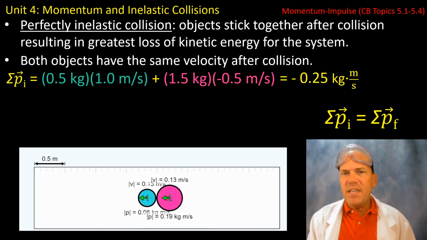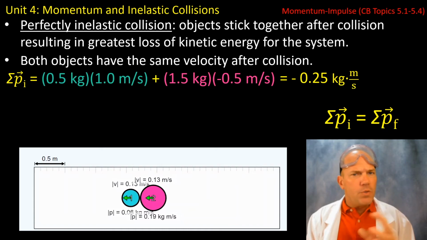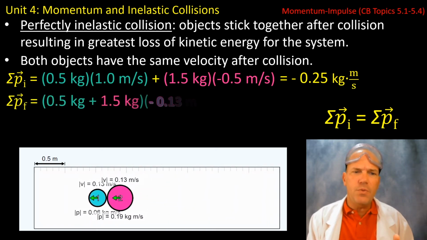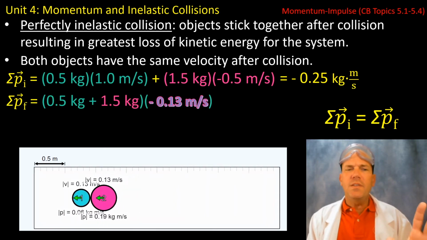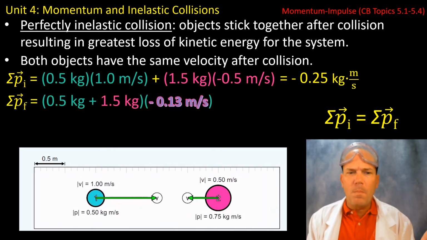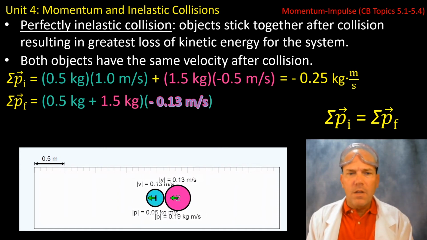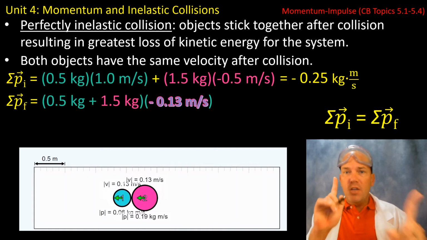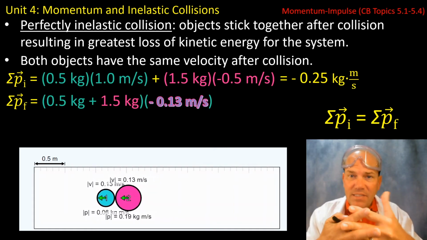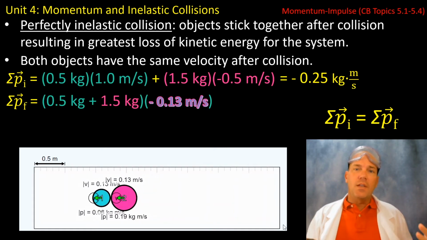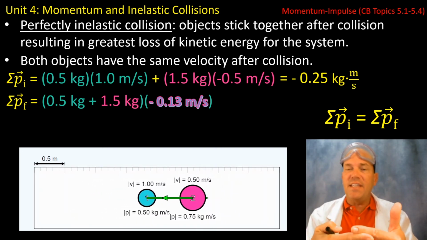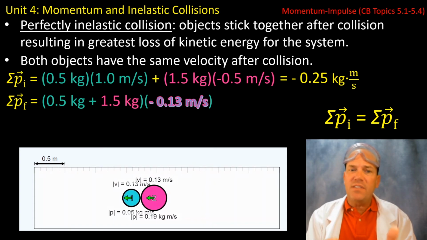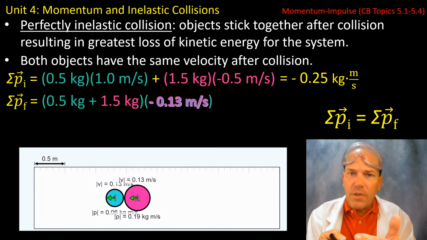Now let's do the same after the two objects collide. And you're going to see mathematically we're doing something very different than we've done thus far in this unit. We're going to look at their final momentum. However, we're going to sum the mass because we now have a two-object composite system. In other words, they are stuck together. So our total mass for these two objects is going to be 2 kilograms.